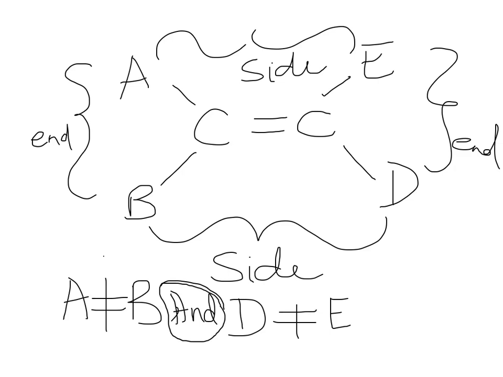As long as A and B are not equal and D and E are not equal, the system will have a cis-trans isomeric feature. So the compound will have cis and trans isomers.